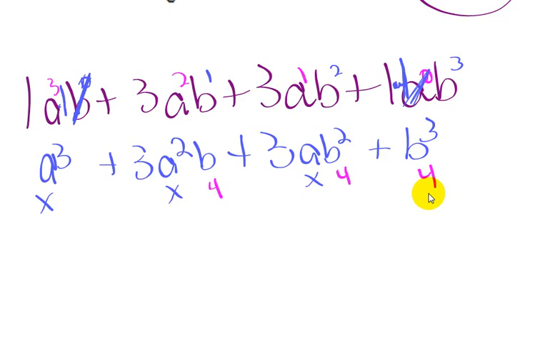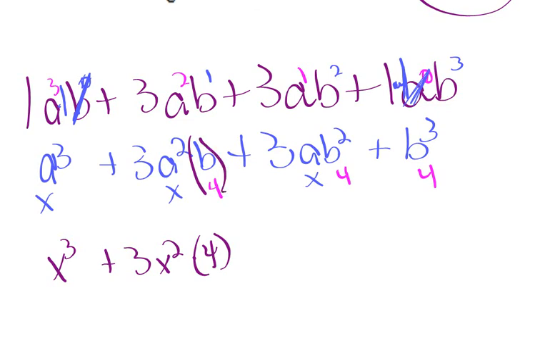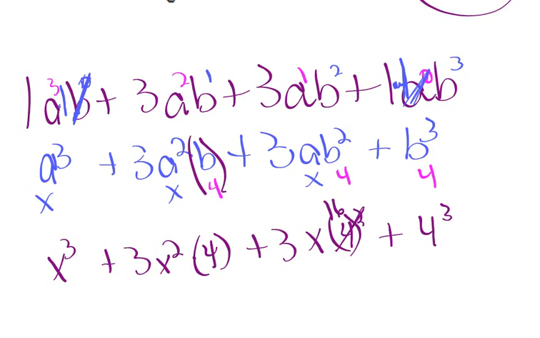So now let's calculate. So it's going to be x cubed plus 3x squared times 4. See, our b is 4. Plus 3, oops, I almost put an a. X 4 squared plus 4 cubed. Well, 4 squared is 16. Let's see, 3 times 4 is 12.